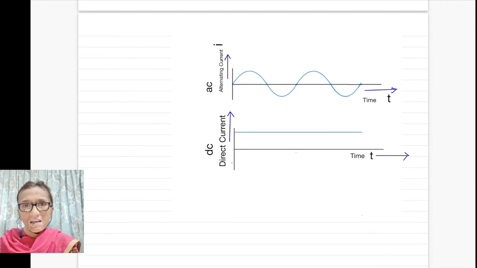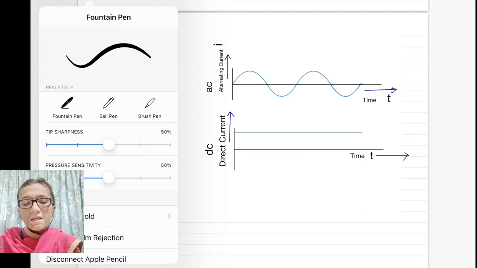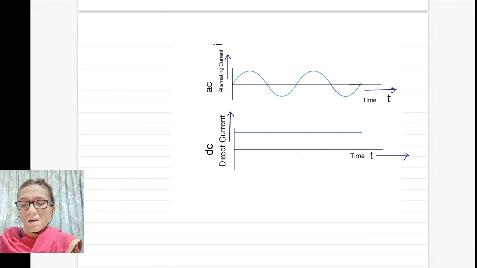What is AC current? Here you have a diagram of an AC current. This is the AC current versus time diagram. You can see the value of AC current at different times, like at T1, T2, T3, and you will find that the value of AC changes.